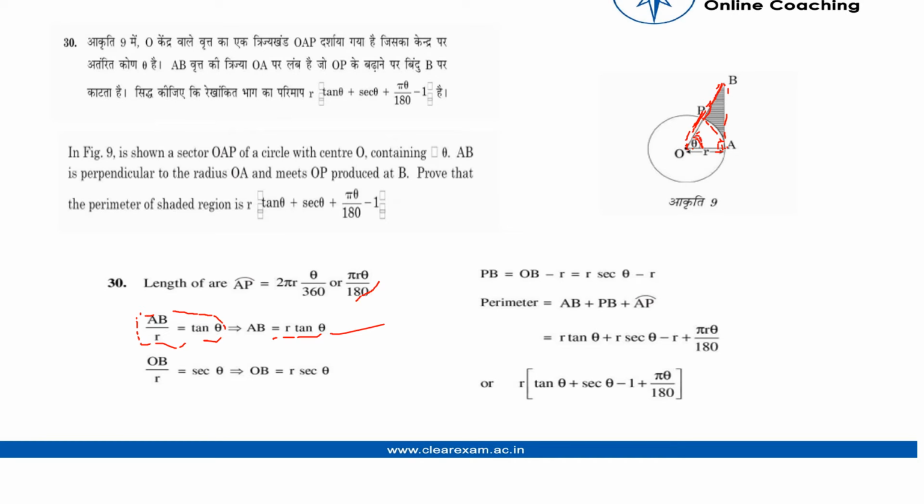So OB is equal to r sec theta, and now we know that this PB is equal to the total OB minus this radius OP.